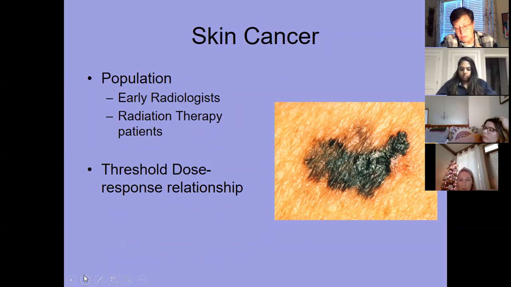Okay, so next we look at skin cancer. And the 2 populations associated with skin cancer are the early radiologists, where obviously they did not take proper protective mechanisms, and then also some radiation therapy patients.